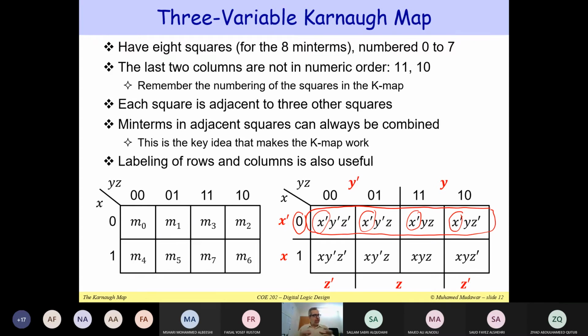So I can combine these 4 minterms into just a single literal, which is x prime. These 4 here can also be combined into x equal to 1. Notice that x is common, y and z differ, and therefore you can combine them into x. So the first row corresponds to x prime, the second row corresponds to x.